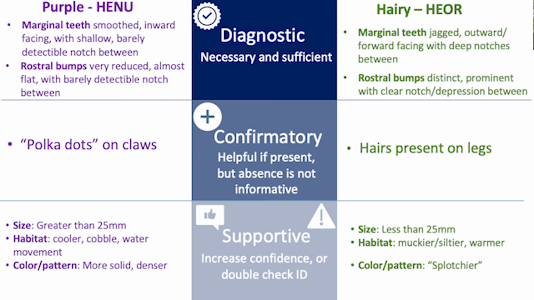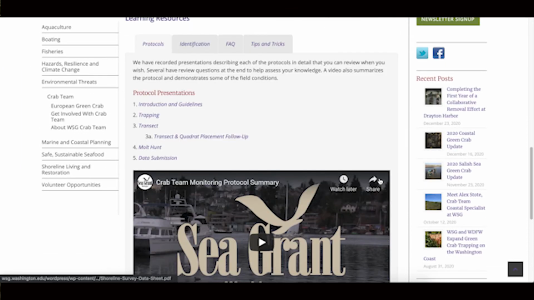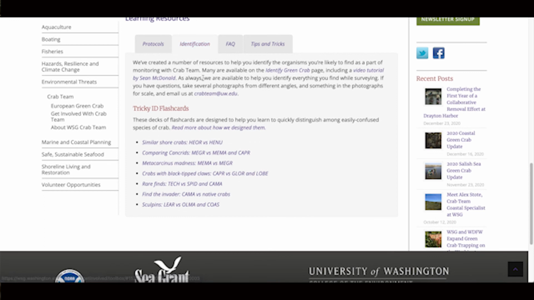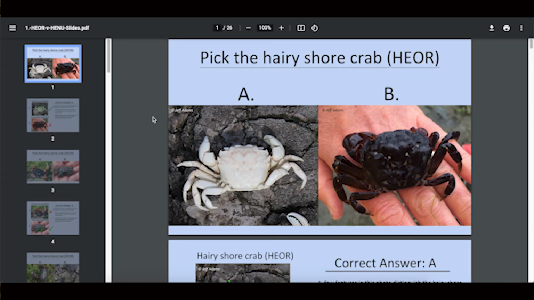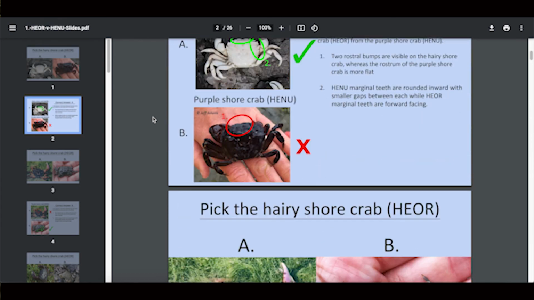It's a little bit more descriptive, and you get a gut sense of these things after having looked at thousands and thousands of crabs. So we've created resources like the flashcards in the volunteer toolbox that are designed to get your brain to learn these recognition patterns, what we call heuristics, before you know what you're looking at.